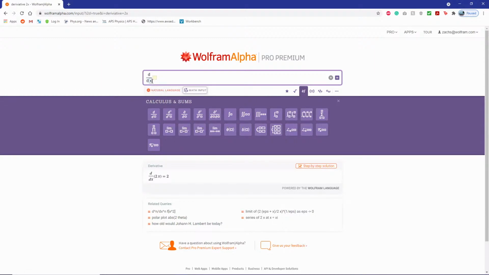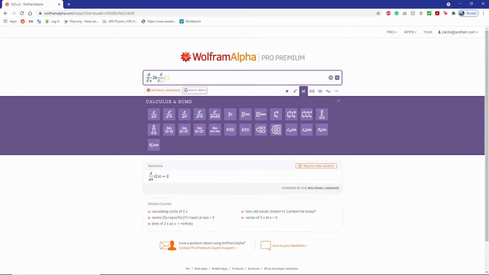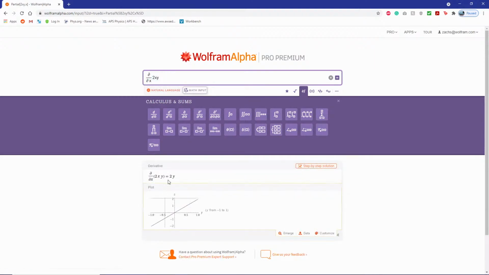So we have derivative of 2x, we'll get that. We also have partial derivative. I don't know if anyone knows what a partial derivative is. It means we just take the derivative of that variable and nothing else. So if I do 2xy and I do the partial derivative, it leaves 2y. So just an interesting thing you can do.